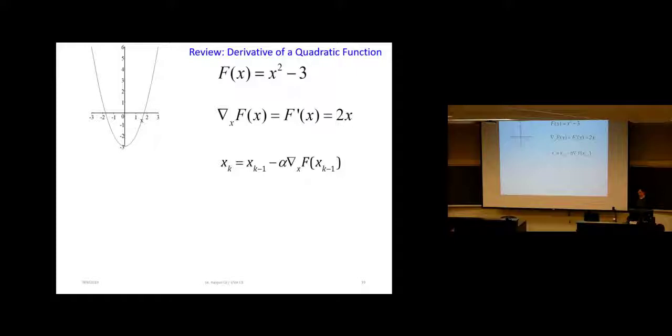So this is our f(x), and this is our derivative f'(x), or in the multi-dimensional case the gradient, which is 2x. Using gradient descent, how do we look for the minimal point of this function? You use this gradient descent updating rule: xk equals xk minus 1 minus alpha times the derivative, the gradient at that point.